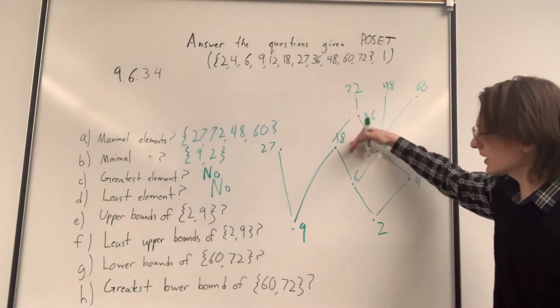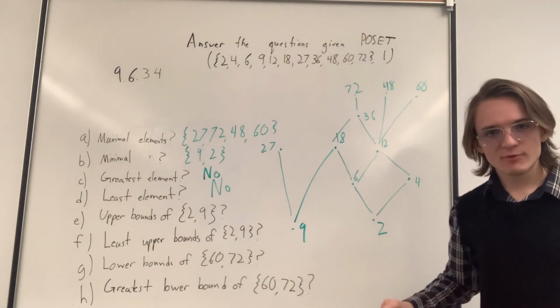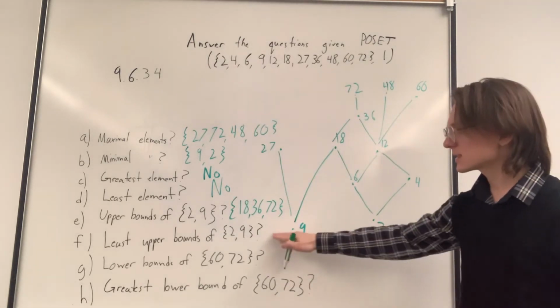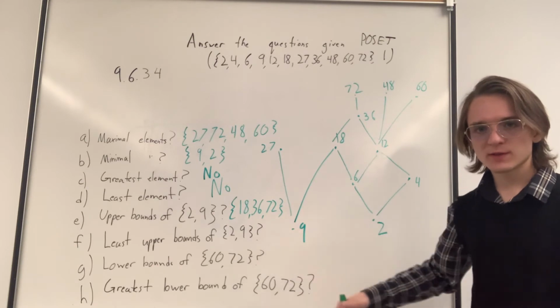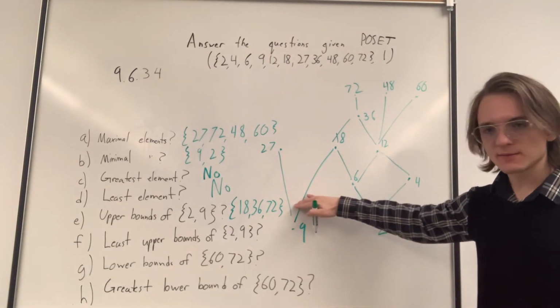We have to go up and then down to reach 9 from 4, so it doesn't have a relationship. Okay. What are the least upper bounds of 2 and 9? Well, that's just the least element of the upper bounds, which would be 18.